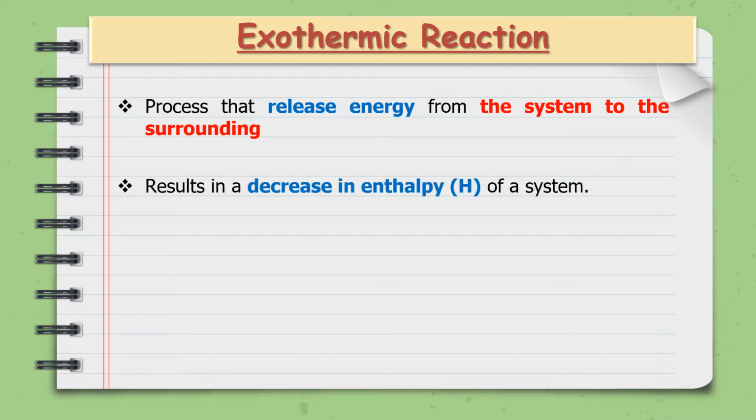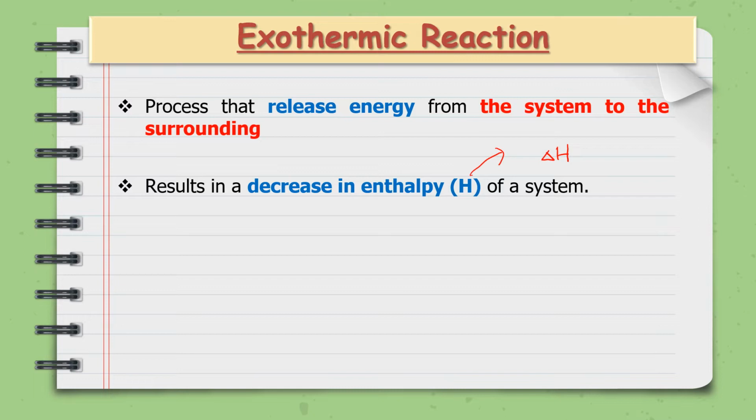It results in a decrease in enthalpy of a system. So here we have a new term, enthalpy. So what is enthalpy? Before this, you met this H in your thermochemical equation where we put it as delta H. A bit later, we're going to look at what enthalpy actually is.